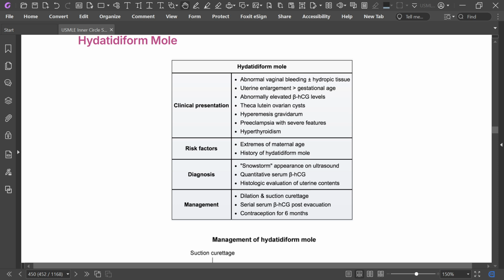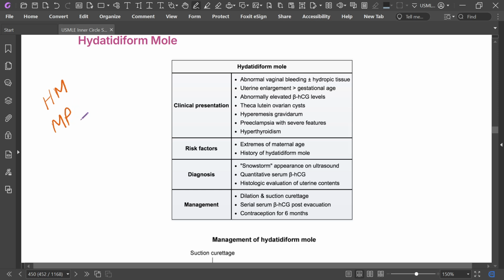Let's dive into gestational trophoblastic disease. Start with hydatidiform mole and then choriocarcinoma, a very high yield topic for the USMLE exam. Before jumping into the box, what is hydatidiform mole, or HM? It was previously known as molar pregnancy.